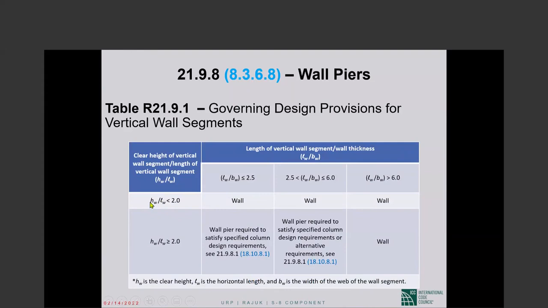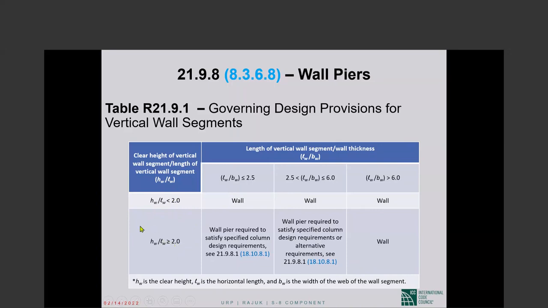If the height to length ratio of your wall segment is less than 2, then you cannot have a wall pier. Then you have a wall, and you reinforce it as a wall, and you should not get into any trouble. For you to have wall piers, the height to length ratio has to be larger than or equal to 2.